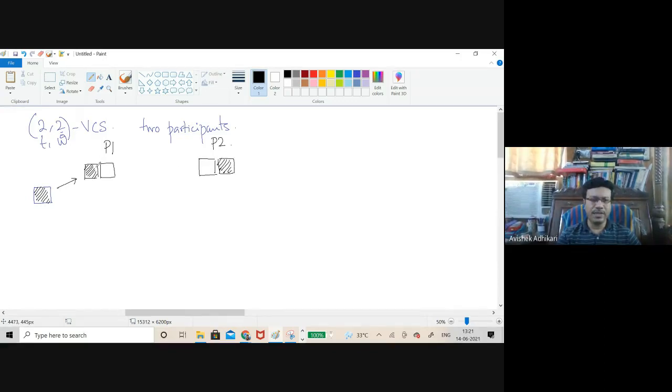These 2 pixels are printed on transparent sheets. So this is one transparent sheet and this is another transparent sheet. Now, when they superimpose one over the other, what will they see? 2 black pixels.